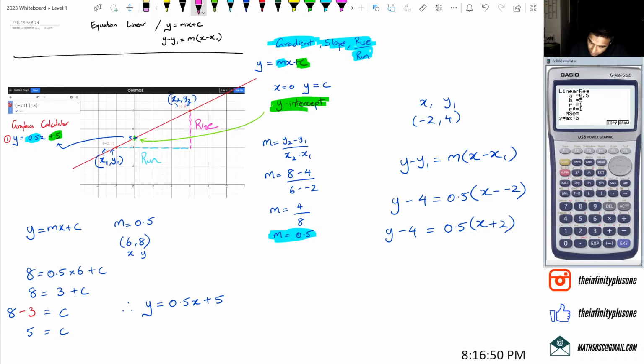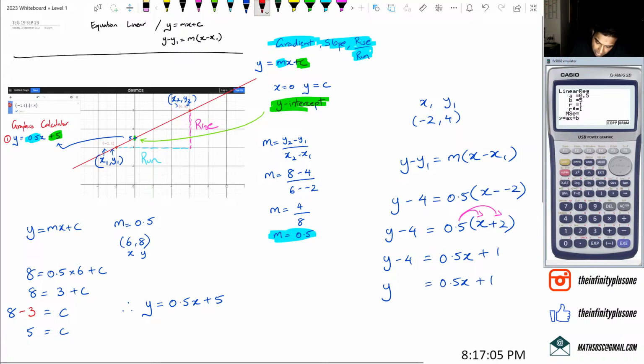Then I've got to expand the brackets. When I expand the bracket, I get 0.5x plus 1. Rearranging this, the minus 4 changes into a positive 4, and so my equation is y equals 0.5x plus 5.